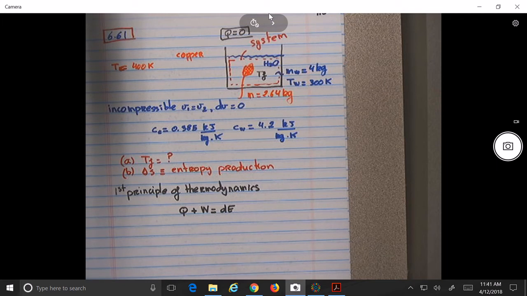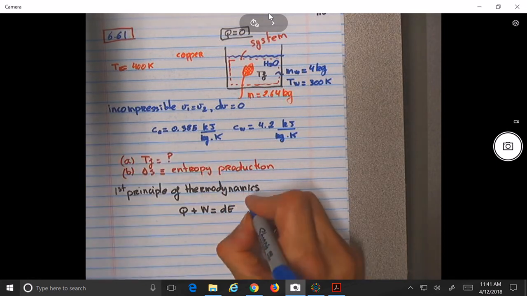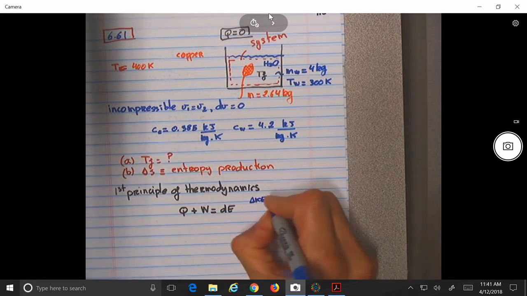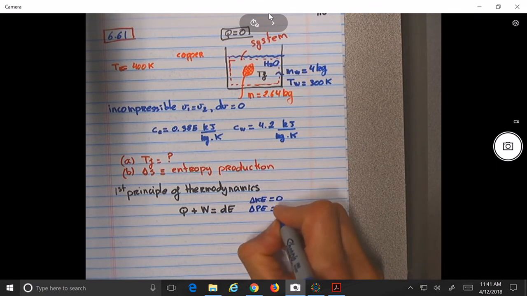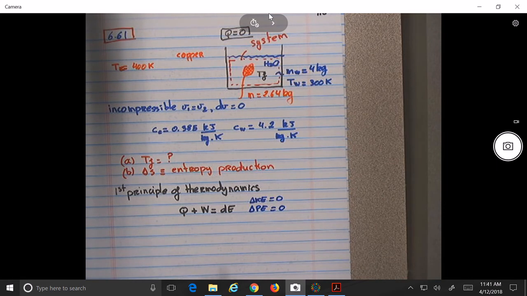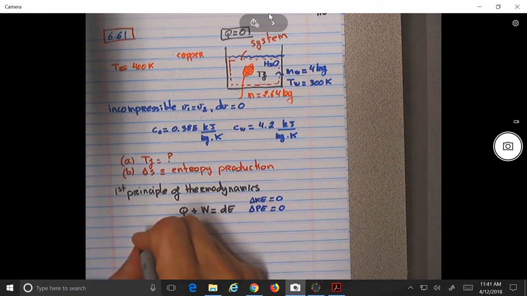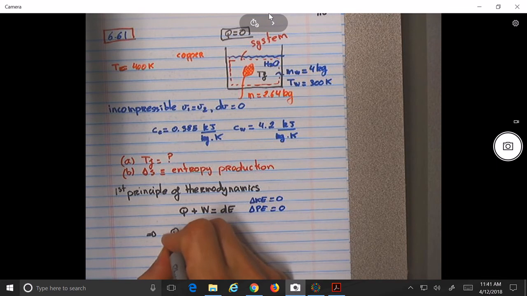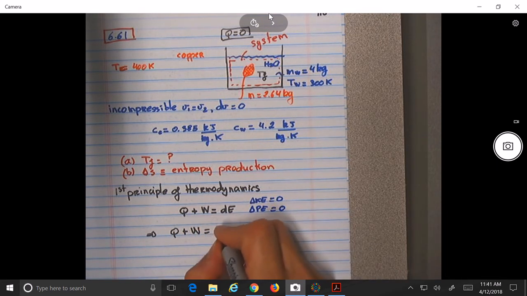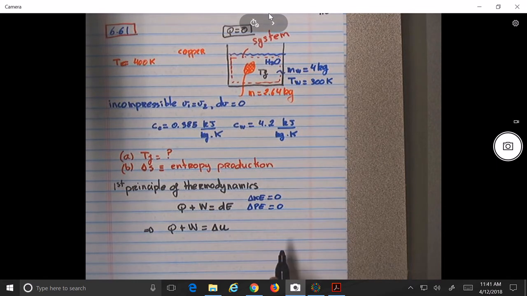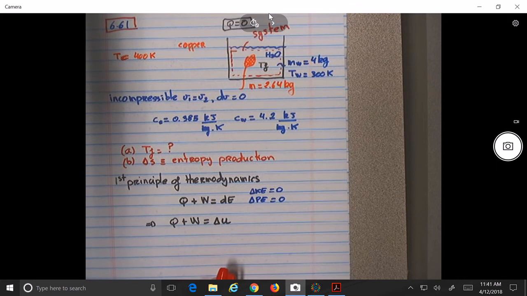They don't tell us to ignore, but I don't see another way to do it. So over here, we're going to ignore energy. So what does that mean? Okay, delta U, and we get to this equation.